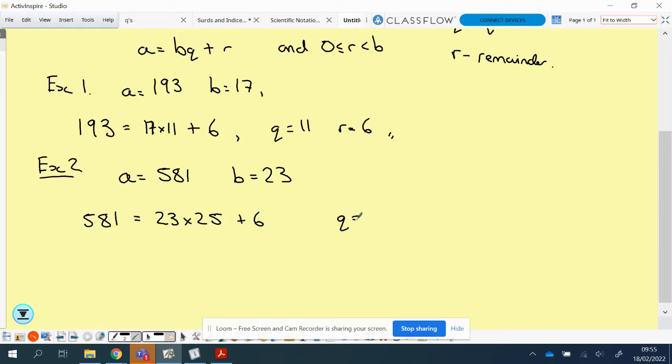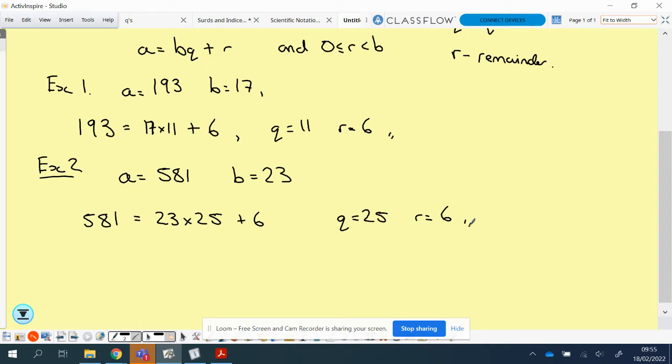Therefore, this time Q would equal 25 and R would equal 6. So you can find Q and R for any two positive numbers. That's what's known as the division algorithm: basically how many times it goes in, and remainders.